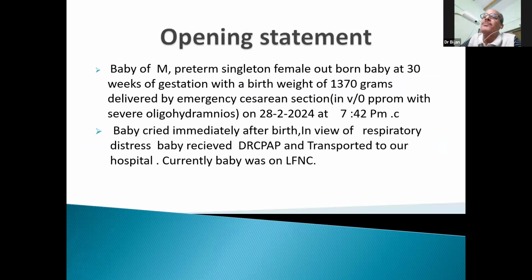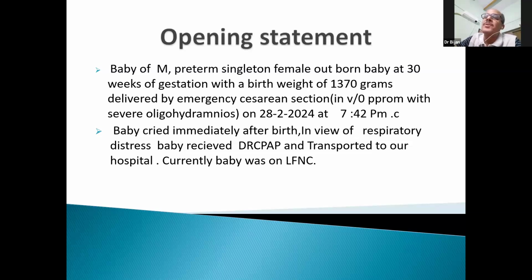Second important thing, when the baby was brought, baby had respiratory distress. Initially, you started with CPAP. Maximum pressure required is around 6 centimeter. Yes, sir. And the baby was having increasing respiratory distress, and you started the baby on mechanical ventilation. One important point to note: you have got NIV, you have got invasive ventilation.